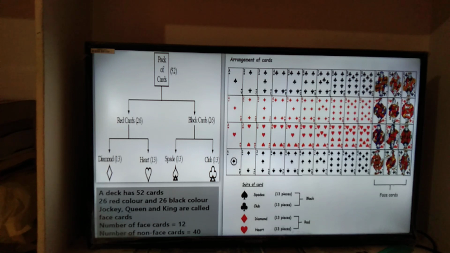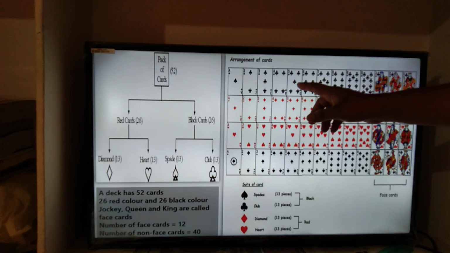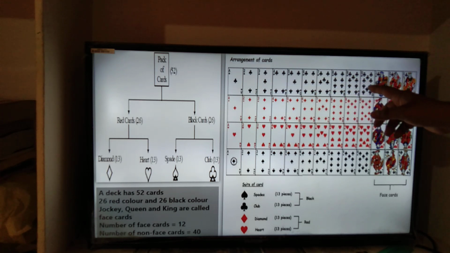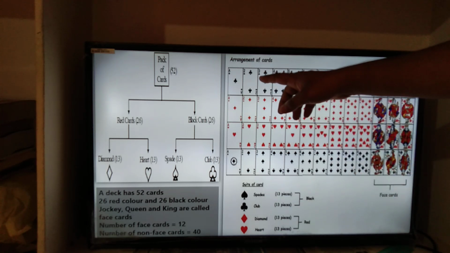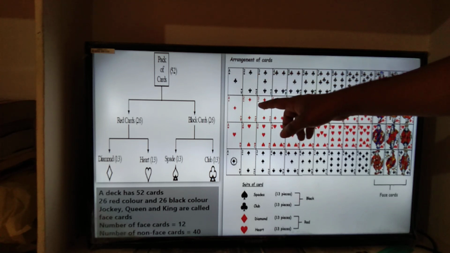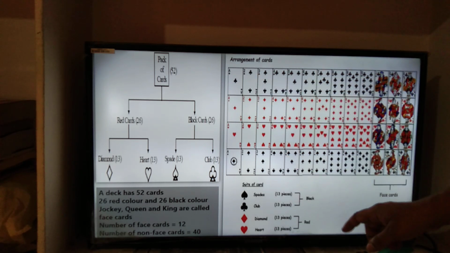You can see here the arrangement of cards: ace, 2, 3, 4, 5, 6, 7, 8, 9, 10, Jack, Queen, King. There are totally 4 suits. The first one is clubs, second one is diamond, third one is heart, and fourth one is spade.